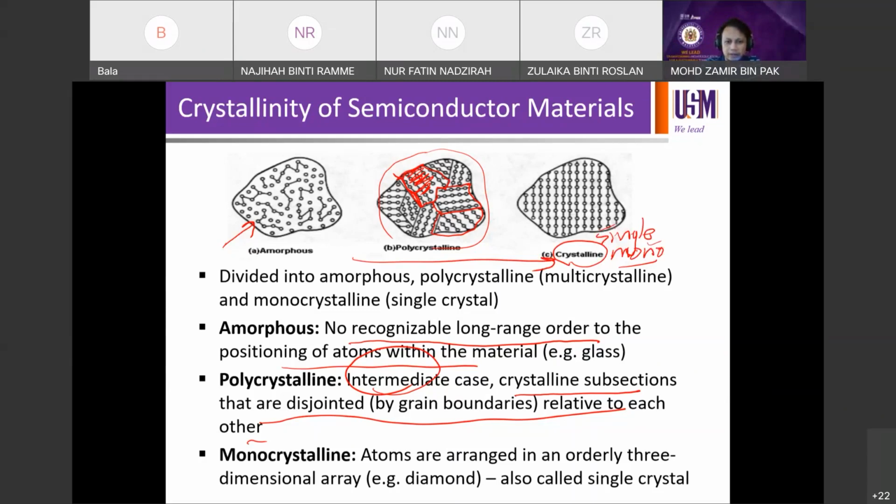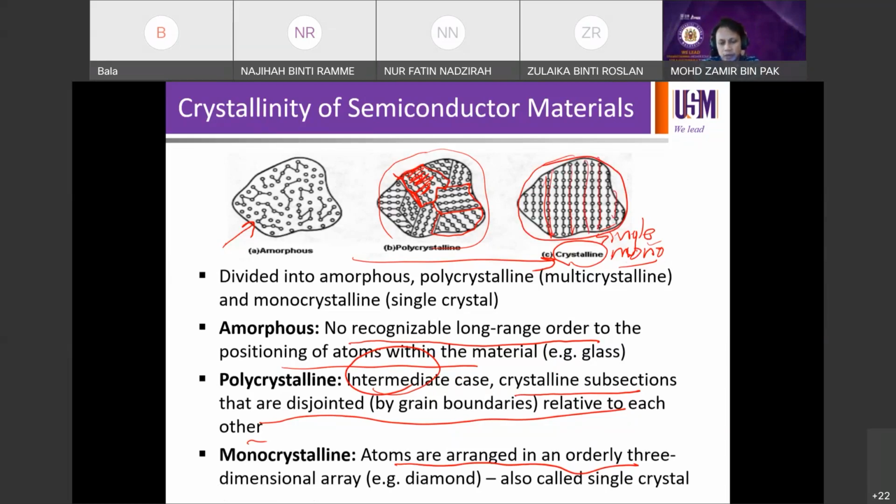So mono is characterized by atomic arrangement in an orderly three-dimensional array indefinitely. So that means if you take the material as a piece and you go under inspection or whatever, you cannot see any grain boundaries at all. So the whole material is a single crystal material, right? So only one way of arrangement of the atoms.